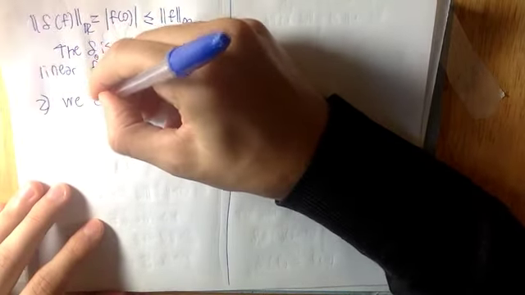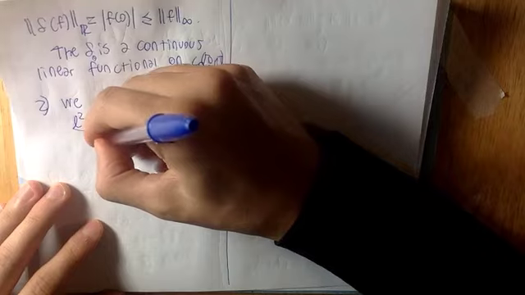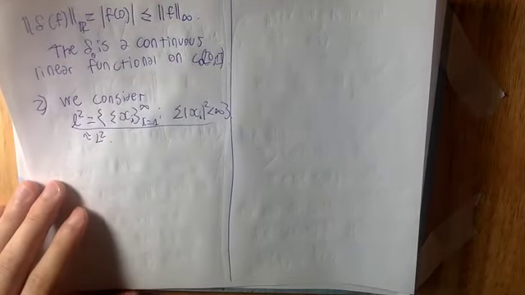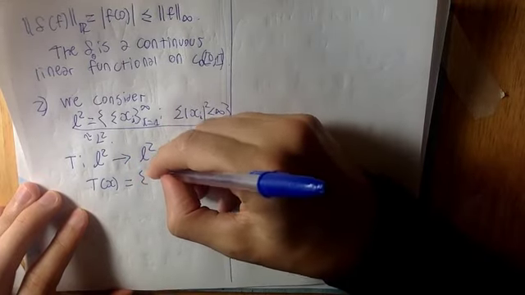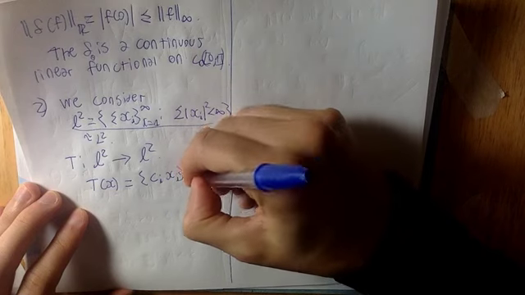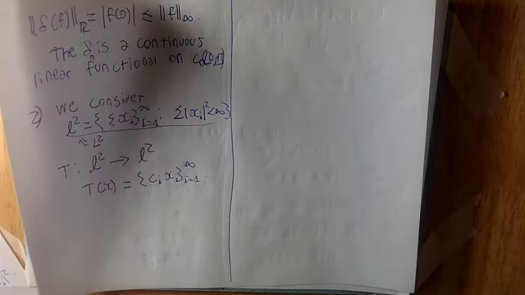This little l2 is the same as the L2 we saw a couple of classes ago. Let's consider the functional T going from little l2 to little l2 by defining T of x as the sequence c_i x_i, i equals 1 up to infinity.